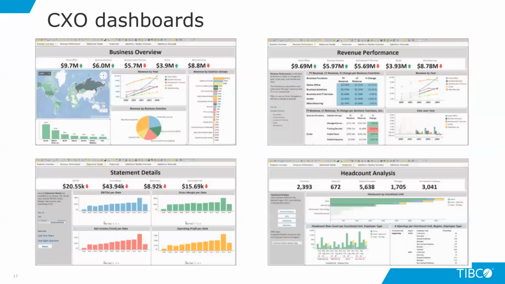Next, obviously, for a lot of the executives out there, I'm sure, right, the biggest concern is to have those high level pictures or high level information of the business, how the business is going.